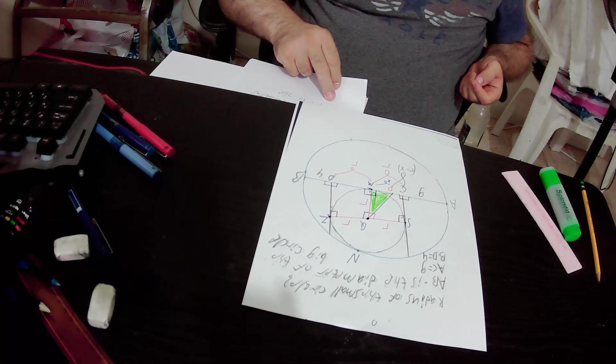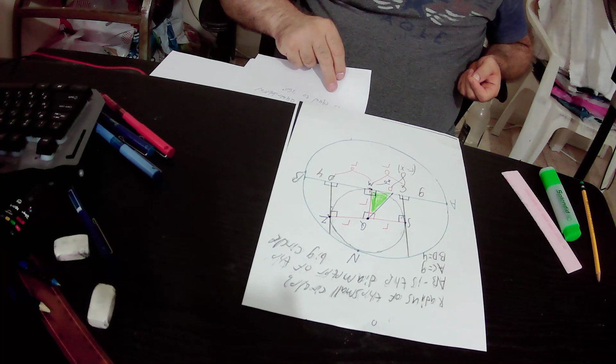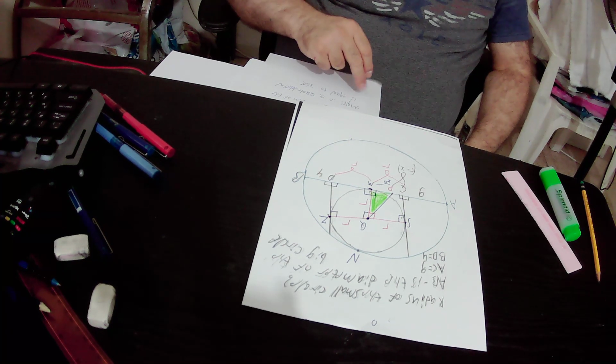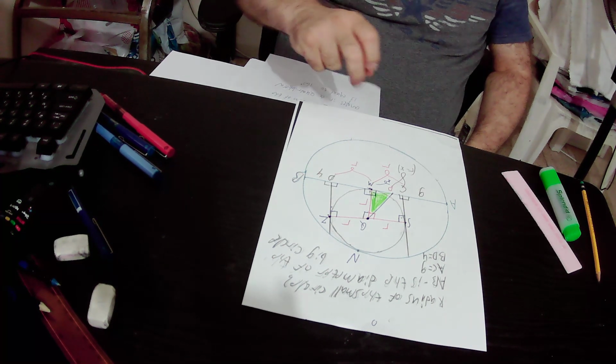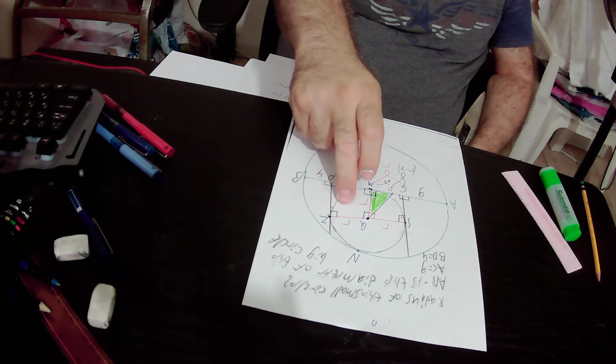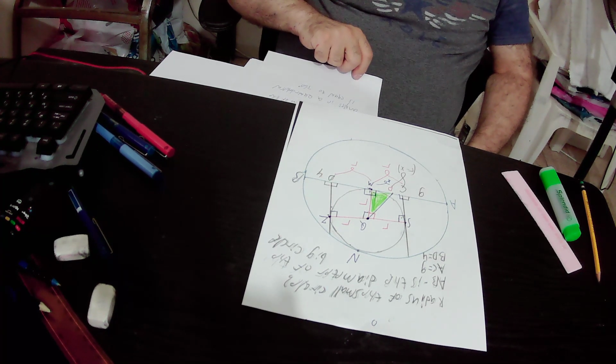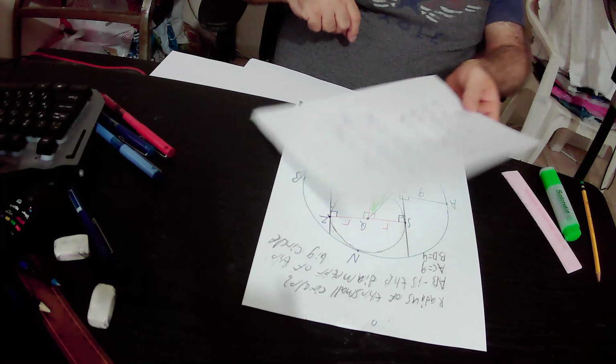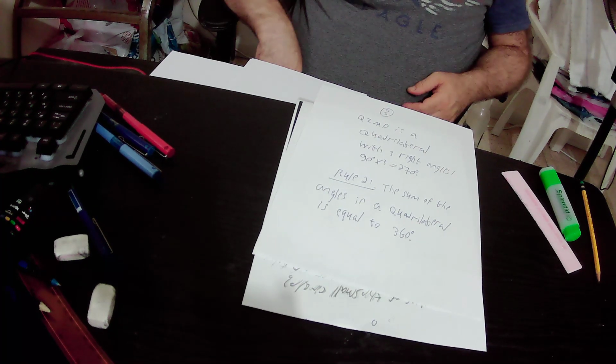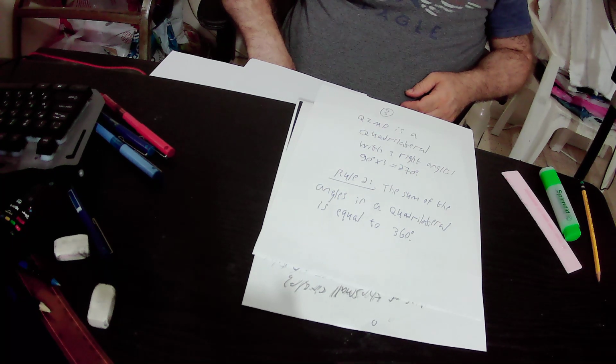So we have QZMD, a quadrilateral with three right angles, and we have rule number 2 that states that the sum of the angles in a quadrilateral equals 360 degrees.